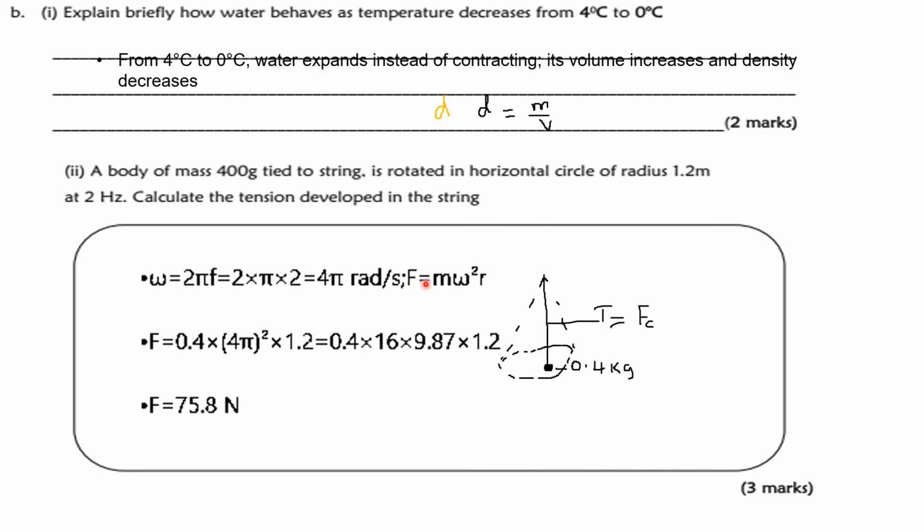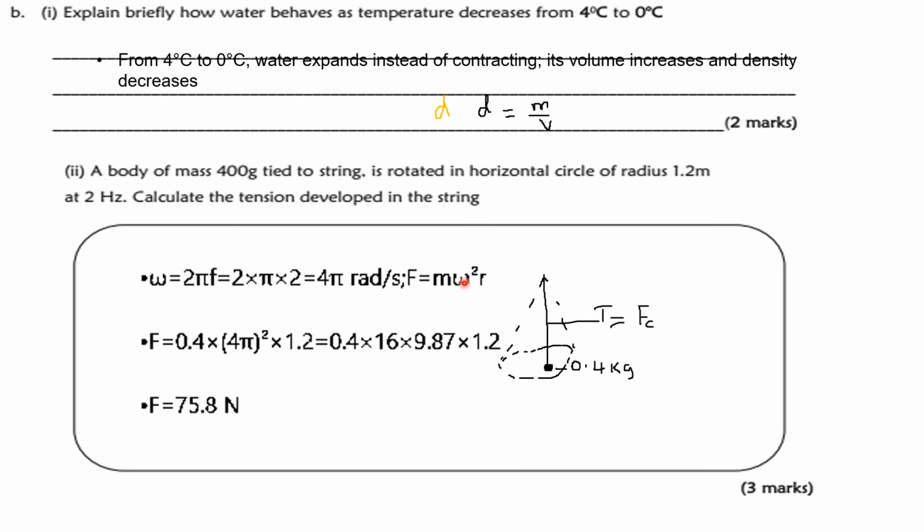And using Newton's second law of motion, force is equal to ma, for which a, which is acceleration, also known as centripetal acceleration, is the square of the angular velocity multiplied by r. This one, omega, is the angular velocity.